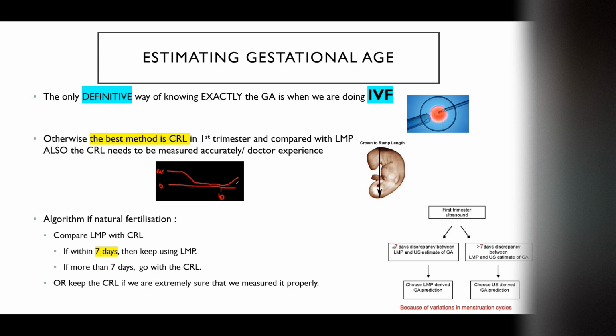If we make a mistake, we prefer to go with the last menstrual period, which is more standardized. If we are very good doctors and we have a very nice CRL, and it's more than 7 days, we say that maybe there was some other reason for bleeding, or maybe the woman forgot or didn't notice. So let's go with our ultrasound machine because the gap is too big to be making serious decisions based on the history, which is a bit false, okay?